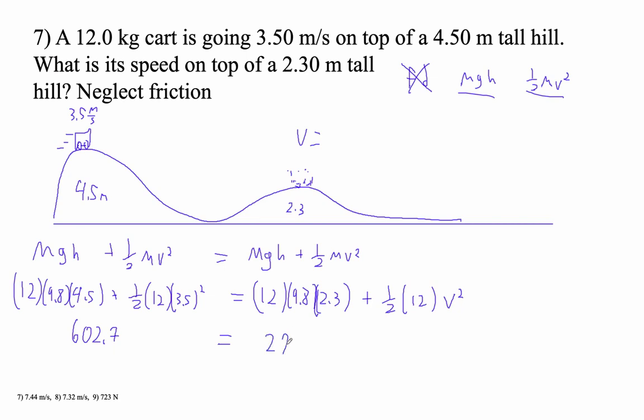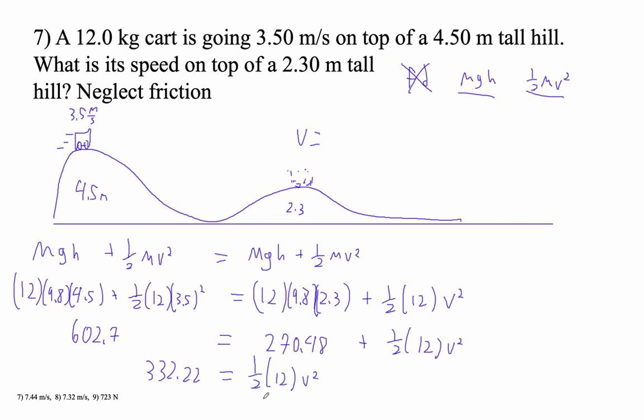This is 270.48 plus 1/2 12v squared, okay? Next thing I'm going to do is subtract, right? So this guy minus this guy. So 602.7 minus this guy. This is 332.22 is 1/2 12v squared.